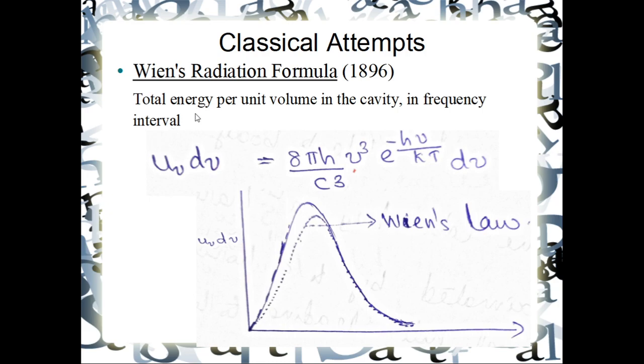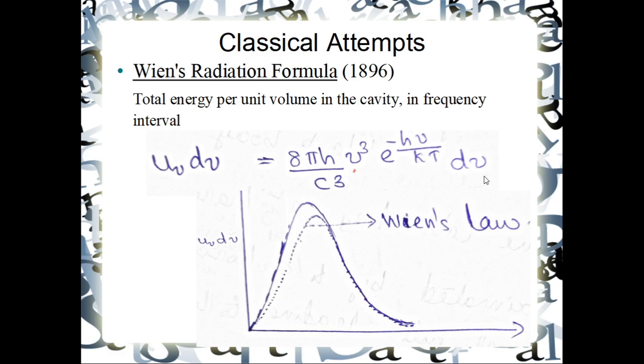According to Wien's law, the total energy per unit volume U nu d nu in the frequency interval nu to nu plus d nu can be given by this expression, which states that U nu d nu equal to 8 pi h nu cube divided by c cube into exponential minus h nu by kT into d nu.